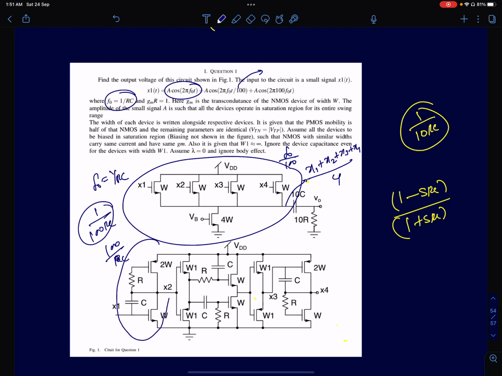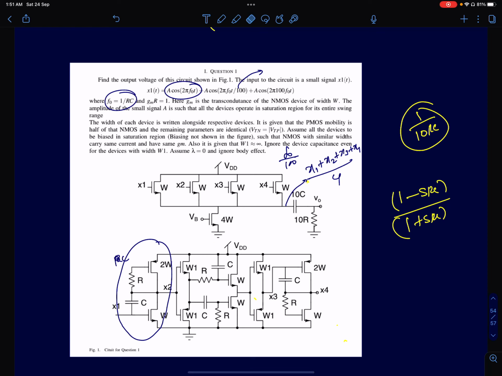So first, let's start with the first circuit. I'm going to write the transfer function here itself so that it's simpler for you to visualize. It is minus (1 minus SRC) by (1 plus SRC). So the DC phase shift is 180 degrees, and X2 is simply minus X1, because at DC it's a negative phase shifter.